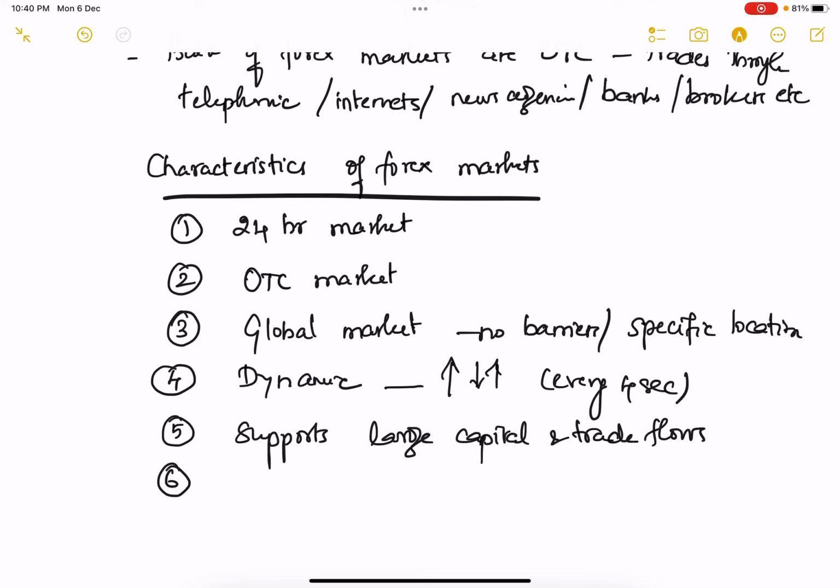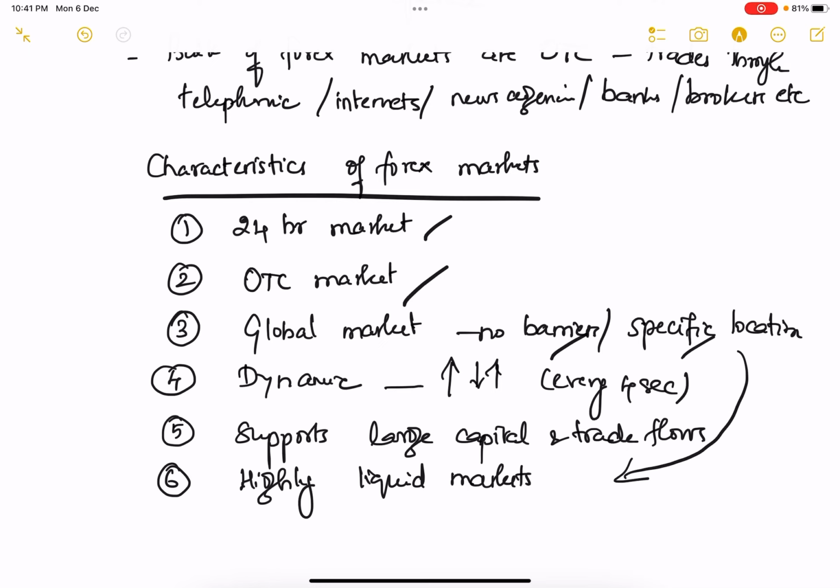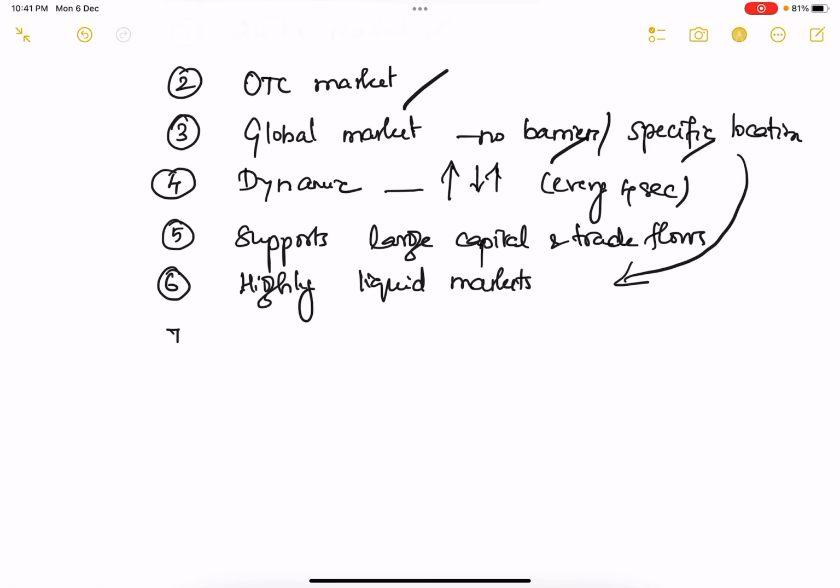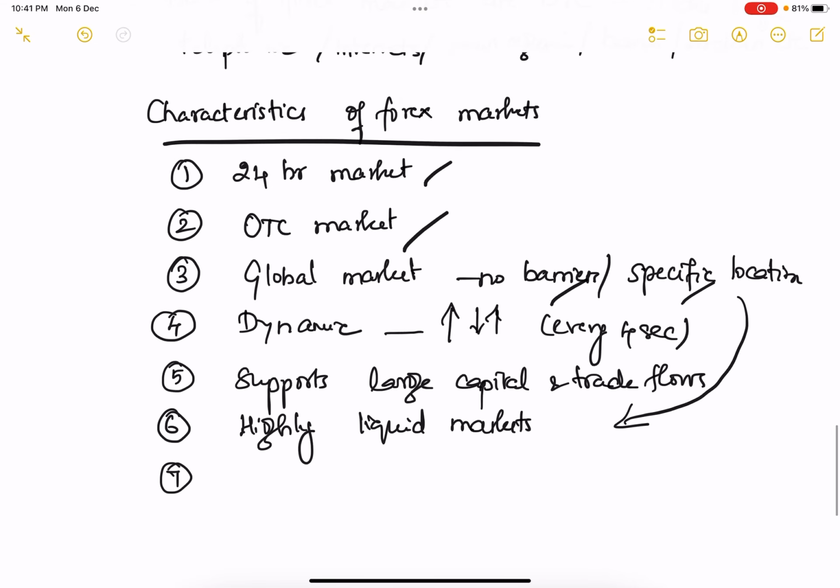Sixth characteristic is it is a highly liquid market. Since it is a 24-hour market, over-the-counter market with no barriers in specific location, it is already a highly liquid market. The seventh characteristic is, I told you it's a characteristic but not the advantage.